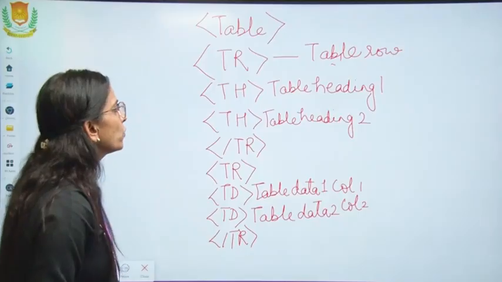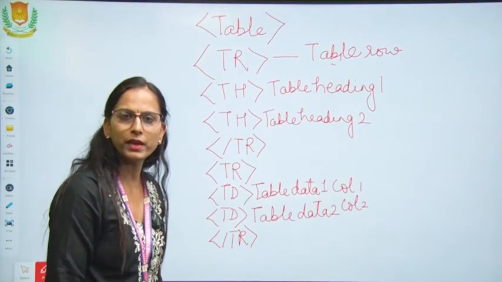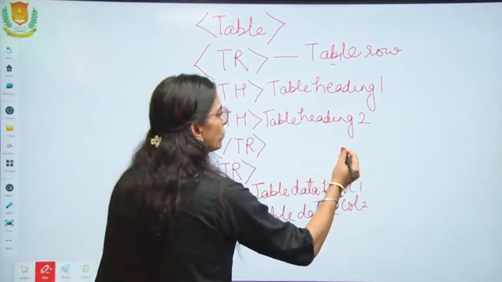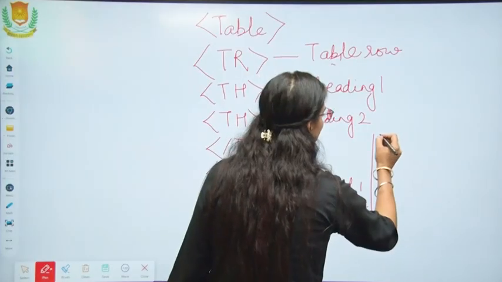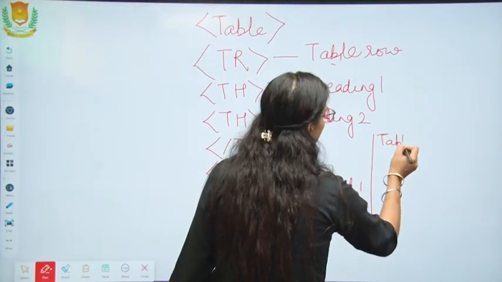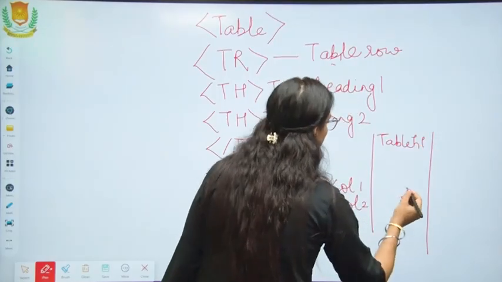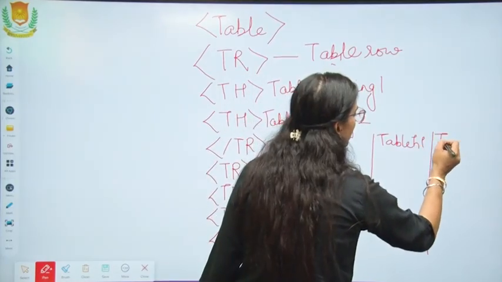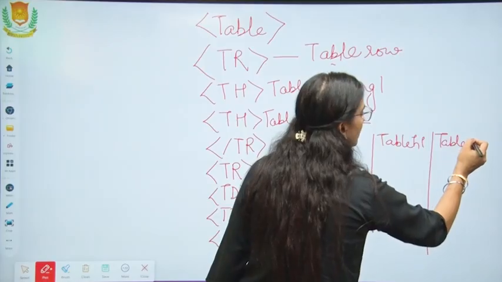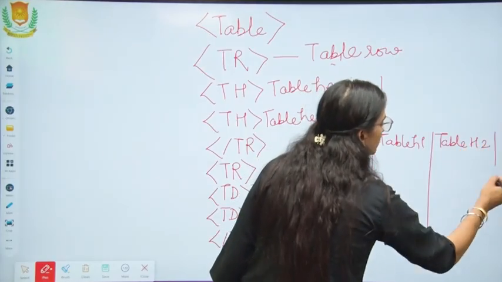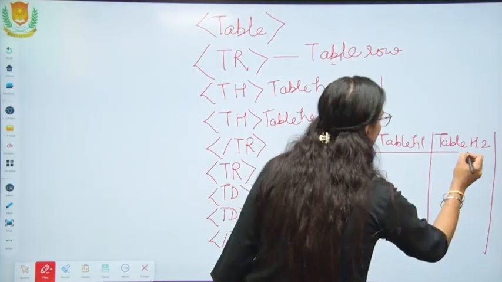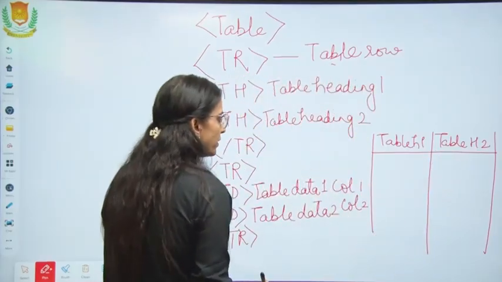So in this way you can continue with the tags, and the output will be shown like this. Table heading 1 will be displayed here, then table heading 2 will be displayed here. This becomes the first row.